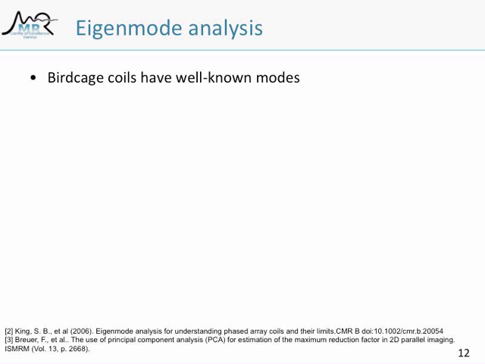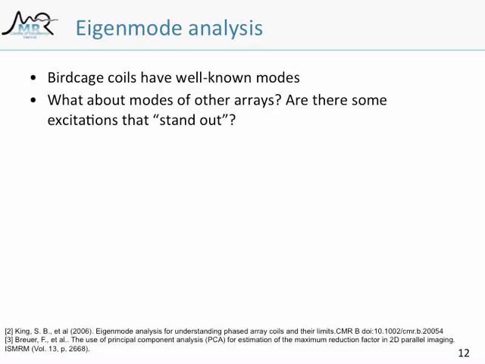So you all know birdcage coils, I guess. And you know that the birdcage coil has a set of specific modes where we are usually interested in the lowest or highest order mode, depending on if it's a low or high pass birdcage, but that's the one that's the homogeneous mode. But now what about other arrays?